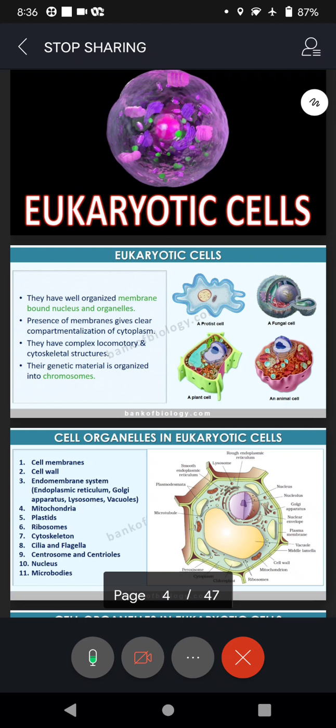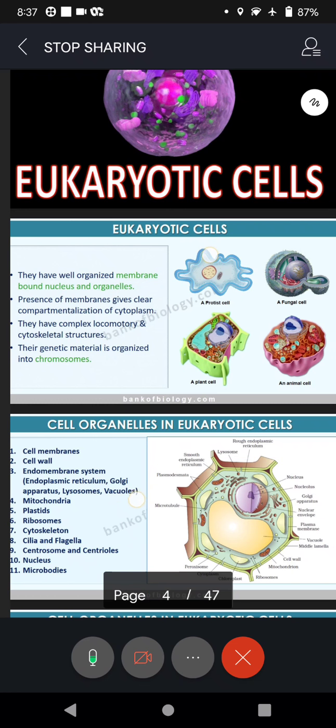So the presence of membrane in each of these gives clear compartmentalization of the cytoplasm. It is just like you have a big hall, and the big hall is divided into small rooms with some wooden structures. That's how in the cytoplasm we can see compartmentalization of each cell organelle, right?